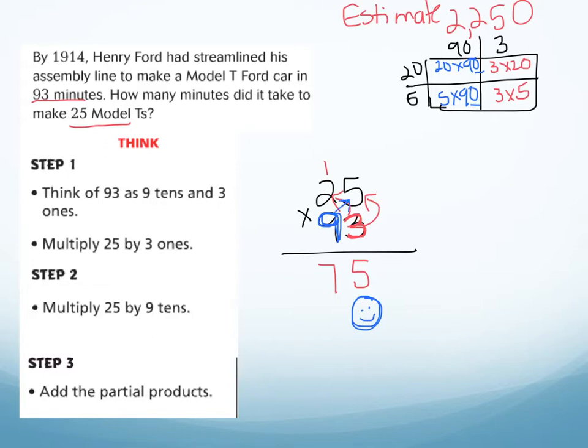9 times 5 is 45, so I'm going to put down my 5 and carry my 4. Since that 1 is from when I did the 3, I no longer need it. Now I'm going to multiply 9 times 2 and get 18, plus my 4 is 22.